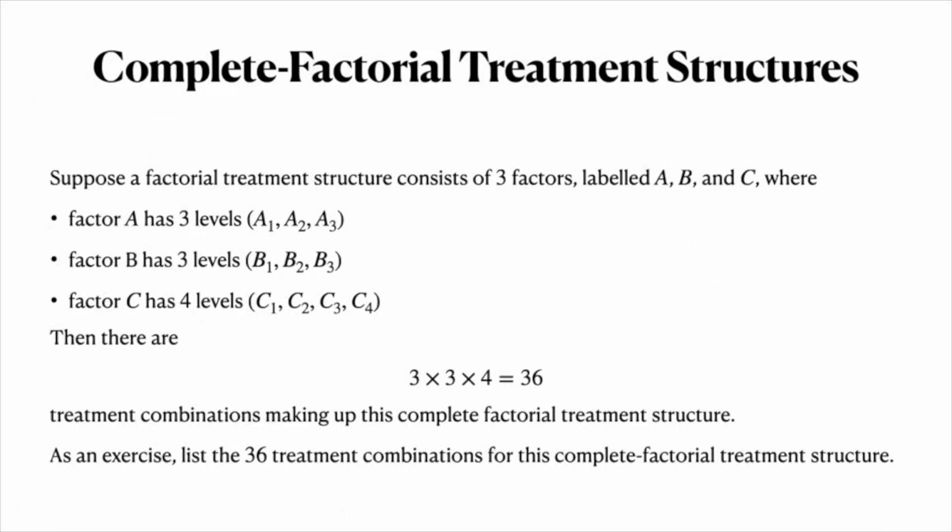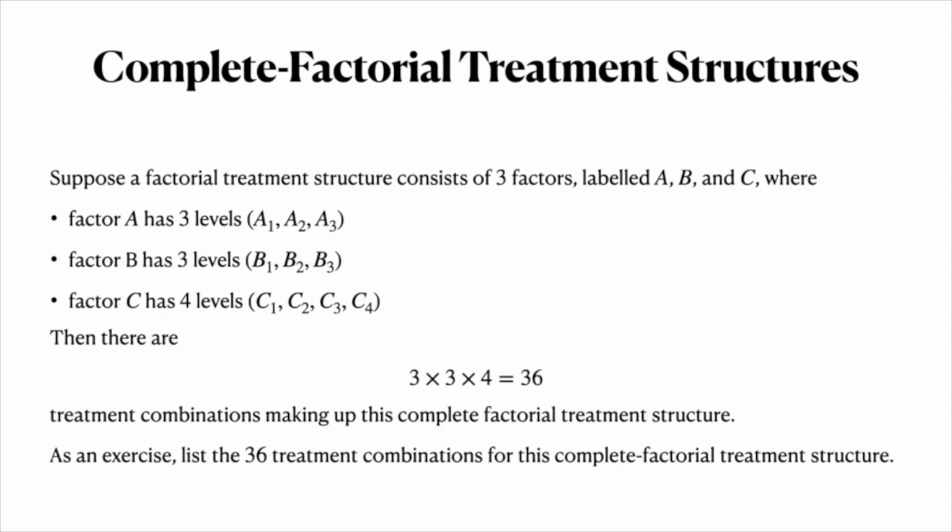As another simple example, suppose that a factorial treatment structure consists of 3 factors labeled A, B, and C, where in this situation factor A has 3 levels denoted by A1, A2, and A3. Factor B has 3 levels denoted B1, B2, and B3.